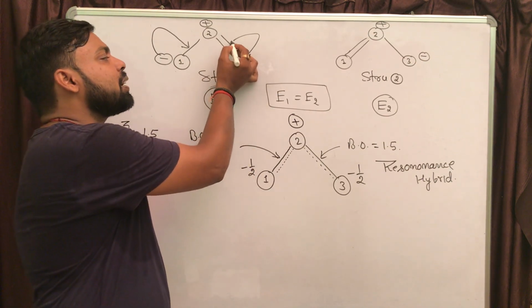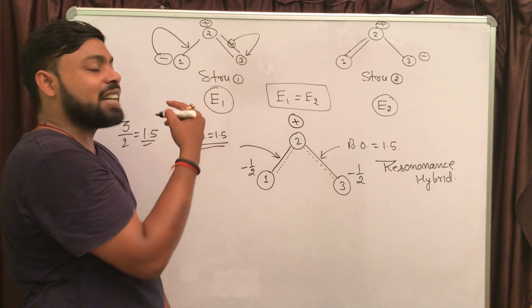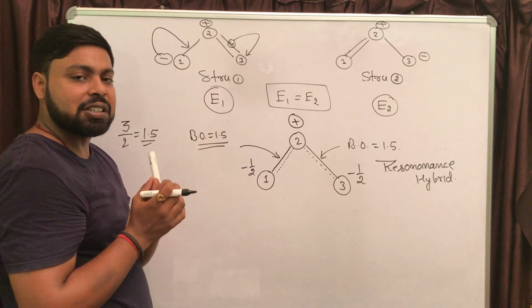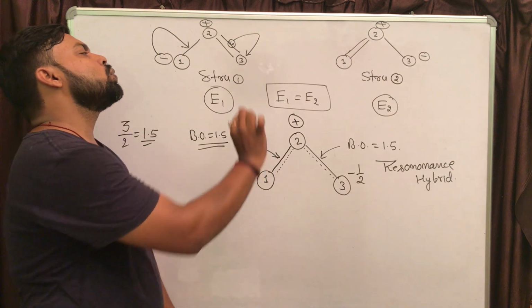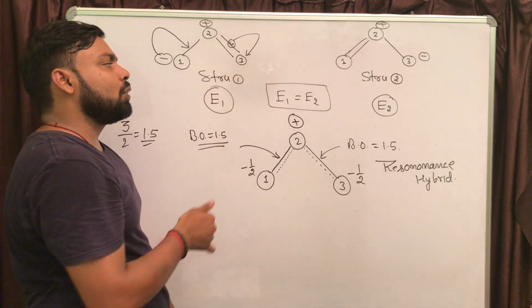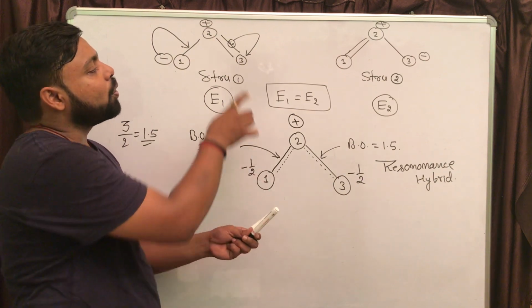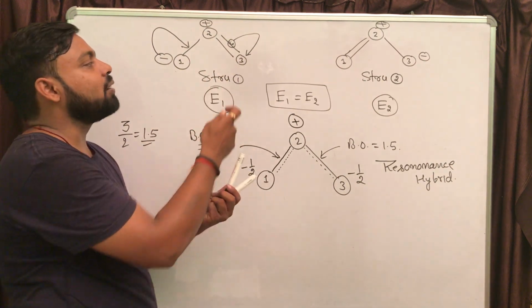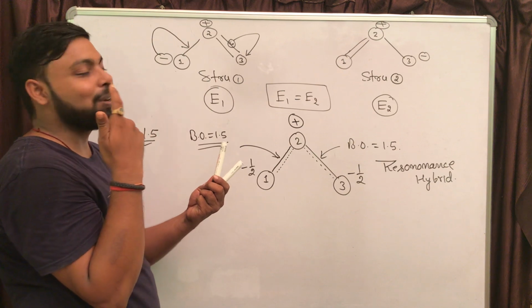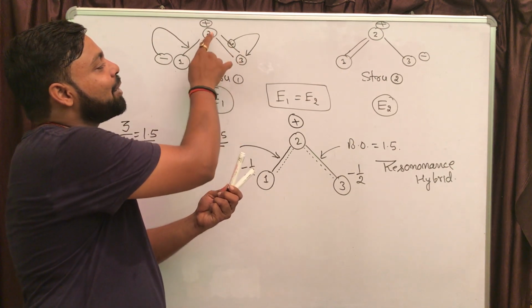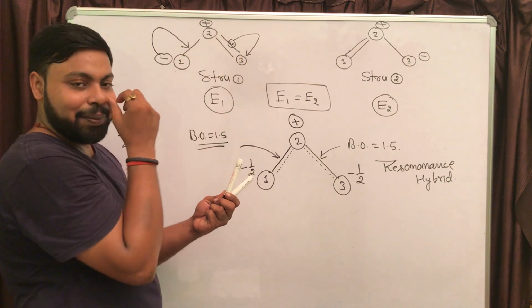And if it is breaking, the electrons present in the pi bond will move away from the negative charge which is already present on oxygen 1. So both the electrons are going to move towards oxygen number 3. We already know that in a covalent bond there is a bond pair, that is, each electron is shared by oxygen 2 and 3.